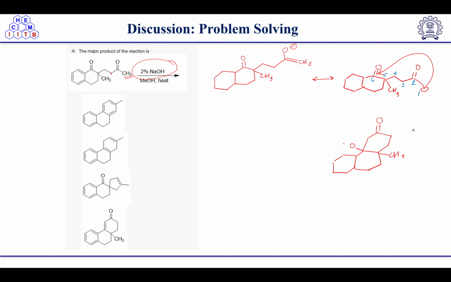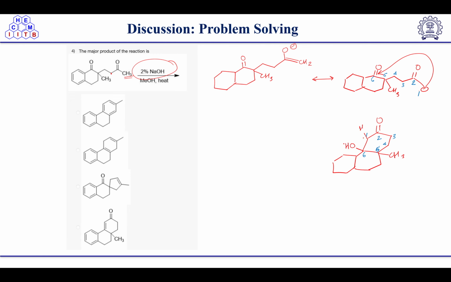So I will give the numbering, then it will be more easy for you. Carbon 1, 2, 3, 4, 5, 6. Got it? OH.